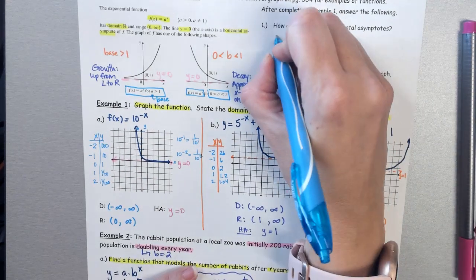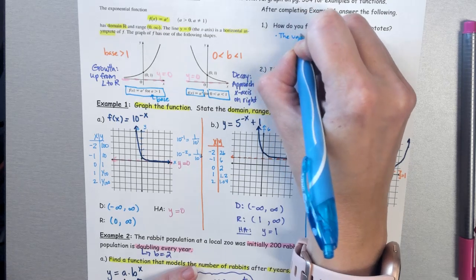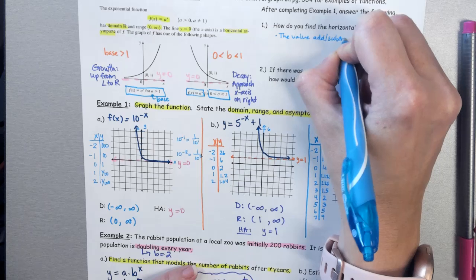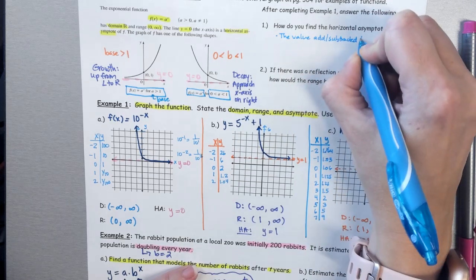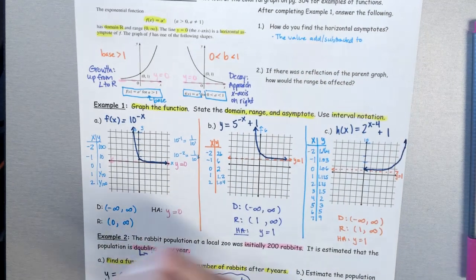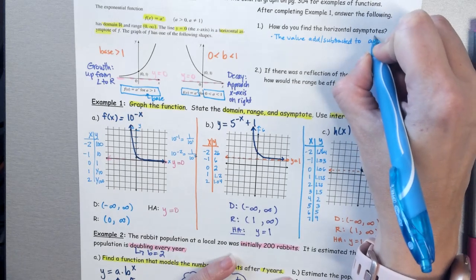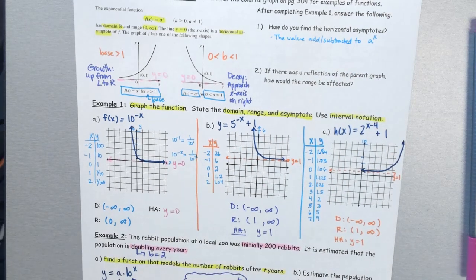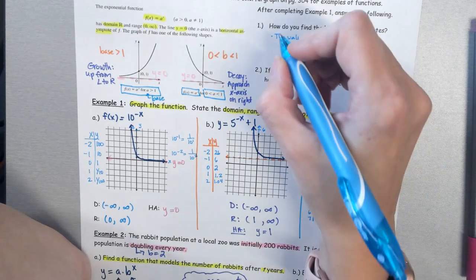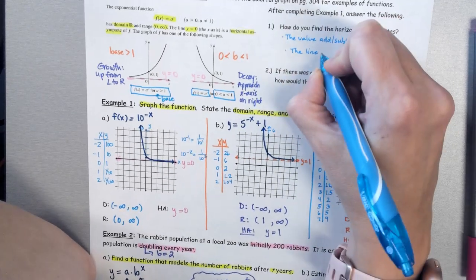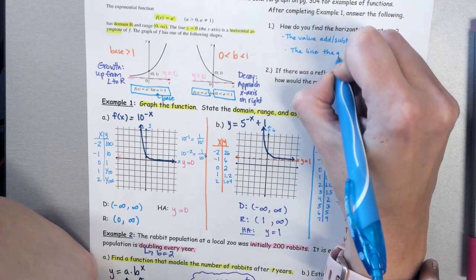So you can either find the value that's added or subtracted to a to the x, we'll just call it that term. Okay, or it's the line the graph approaches, which is how we find it. The line the graph approaches.